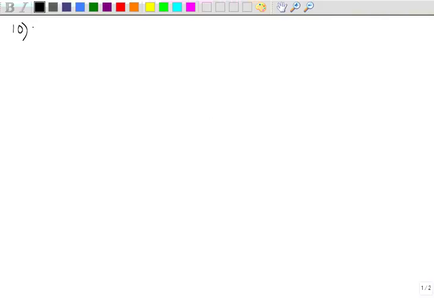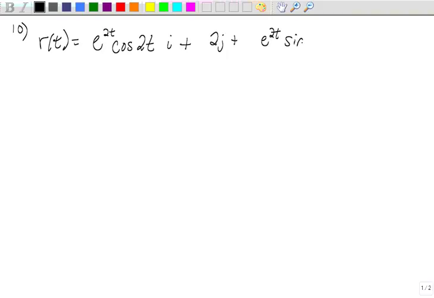And number 10, they're asking us to reparameterize the curve with respect to arc length, where t equals 0, and I have r of t equal e to the 2t cosine 2t i plus 2j plus e to the 2t sine 2t k.